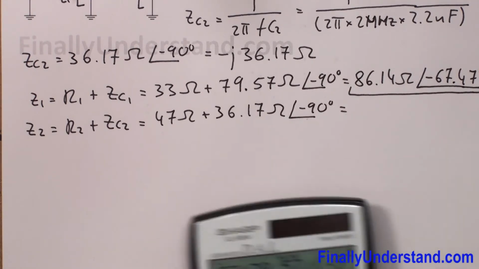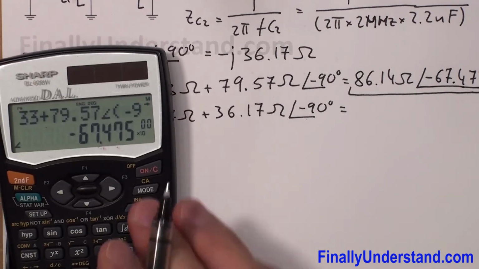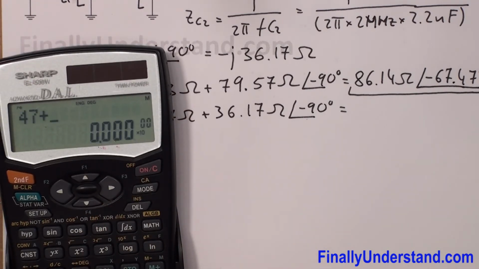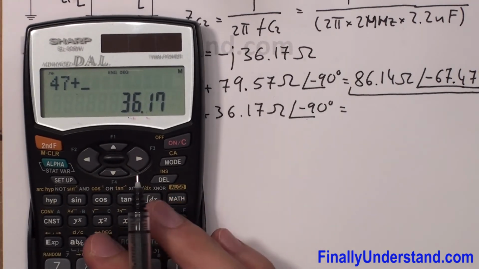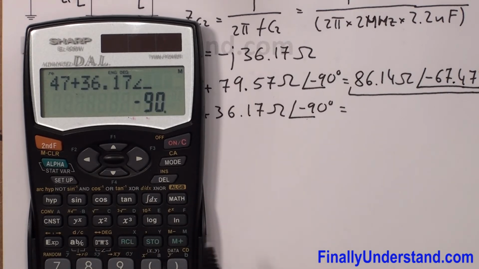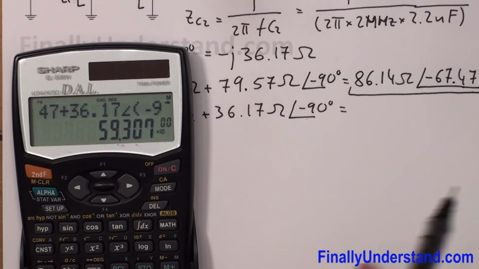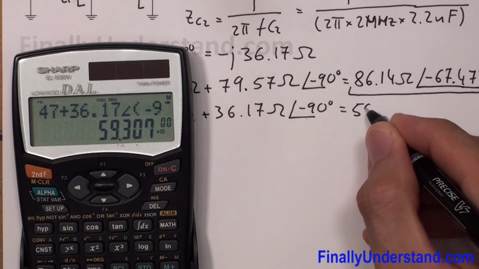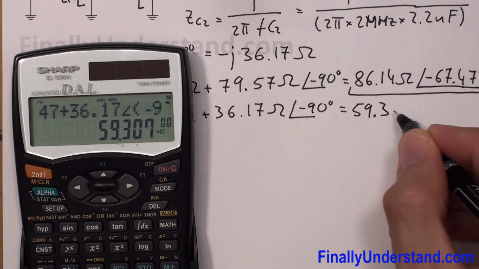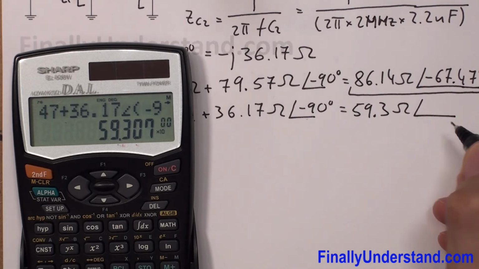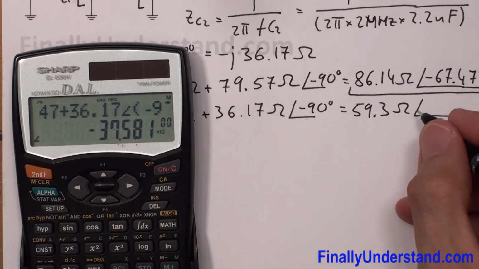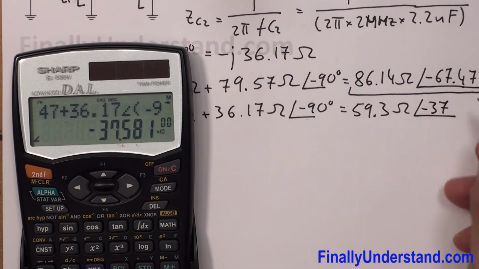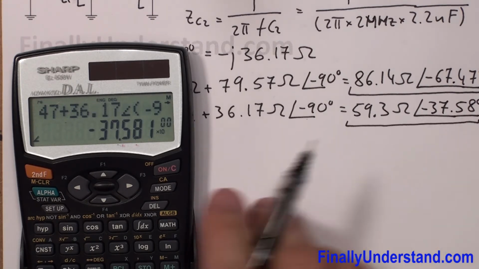This is equal to 59.3 ohms and angle of negative 37.58 degrees.